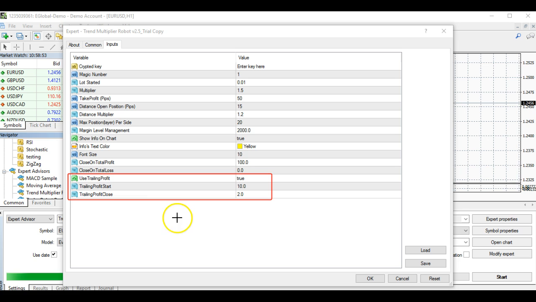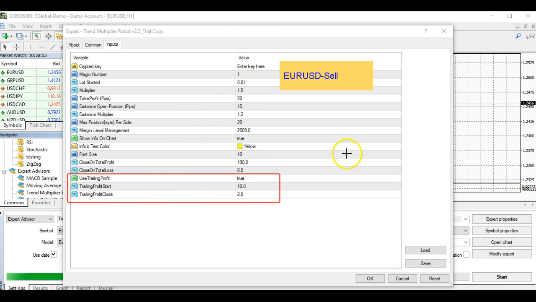All right. So next is the trailing profit. Trailing profit means you leave it as true here. You can change it to false, but since it is a very important feature, we use it. How does the trailing profit work? Let's say you're working with any currency pair, like Euro US dollar, and the market is going down, with a few series of trades.